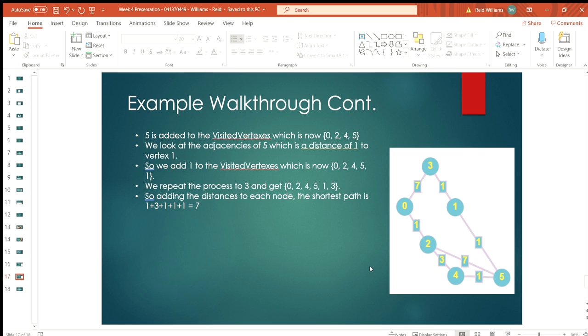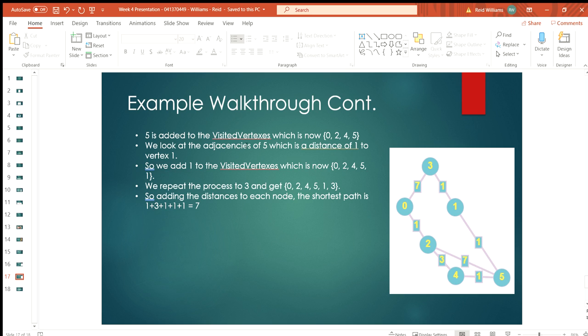1, 3 as our final path traversal through this graph set. And if you add it all up, you get 1, 0 to 2, plus 3, 2 to 4, plus 1, 4 to 5, plus 1, 5 to 1, and then plus 1, 1 to 3, which gives us 7.